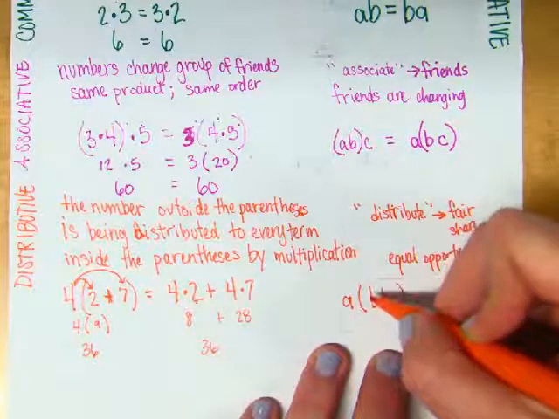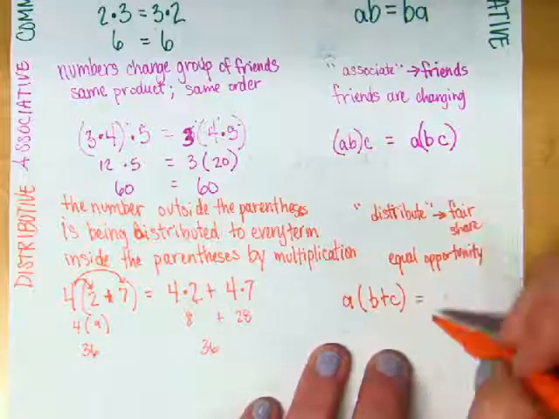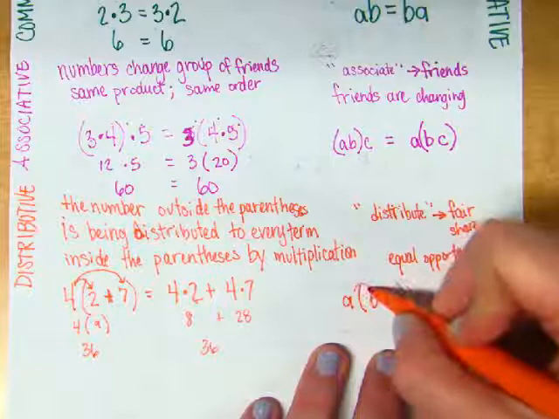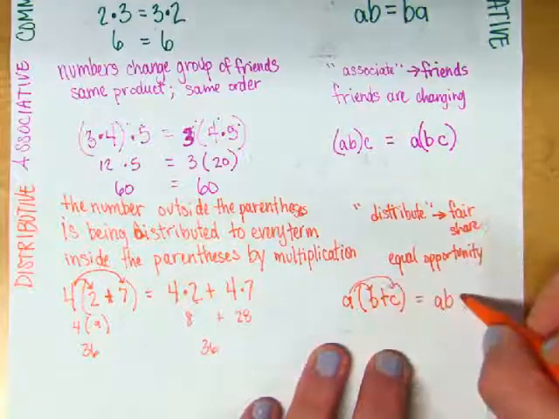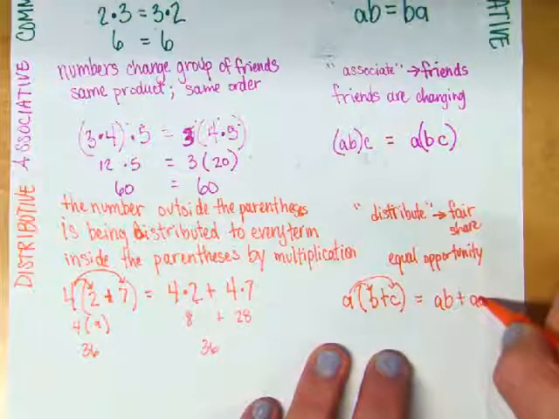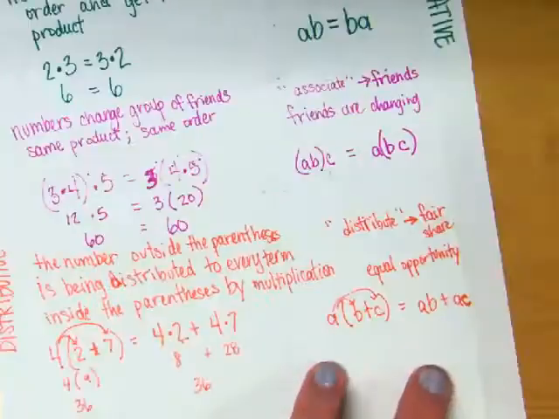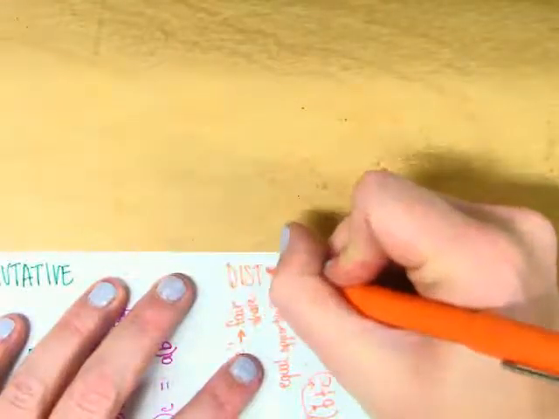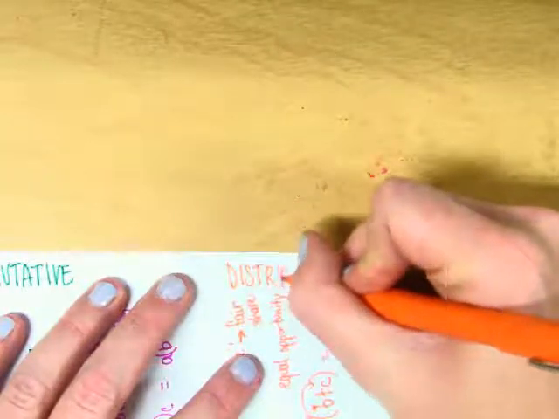If A parentheses B plus C, close the parentheses, that would be A times B plus A times C, AC. And that is the distributive property. Give everyone inside the parentheses their fair share.